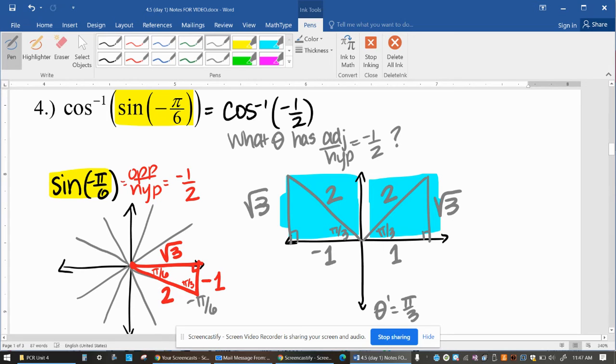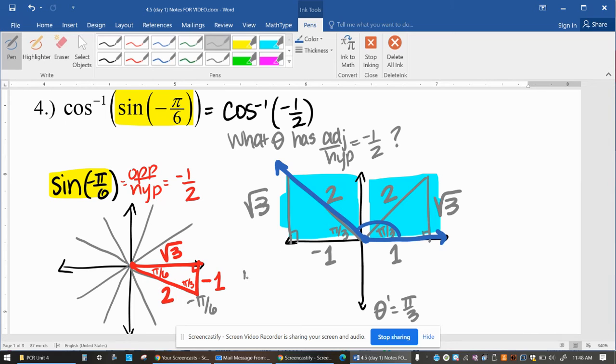Okay. So this is the angle that we want, the one that ends in quadrant 2, because we wanted the ratio of adjacent over hypotenuse to be negative a half. So I had to go to the left and then use the hypotenuse, okay?